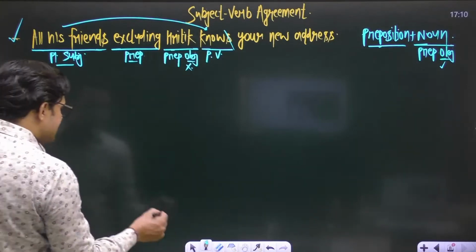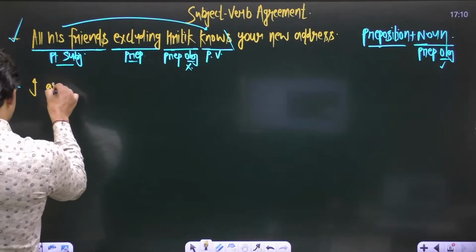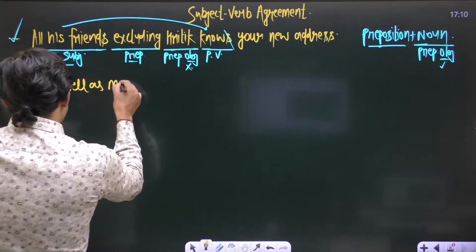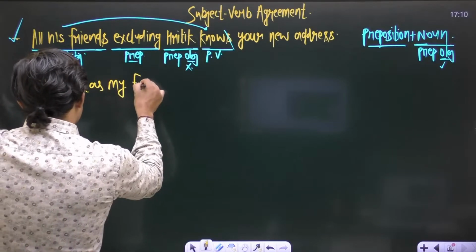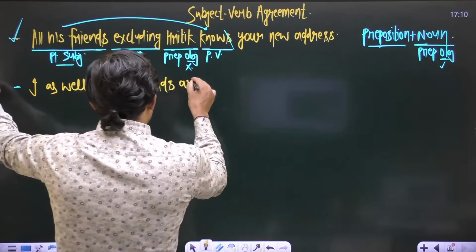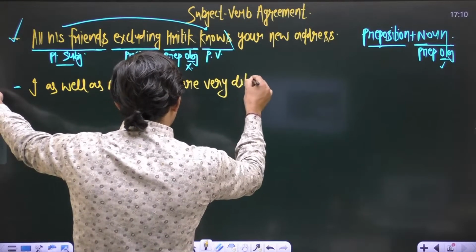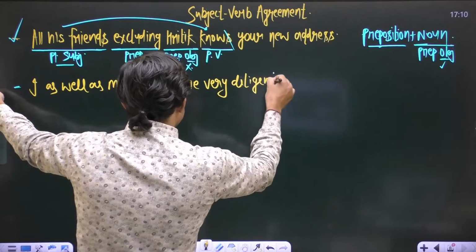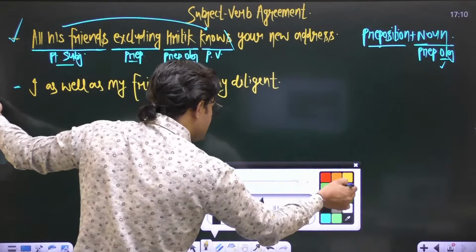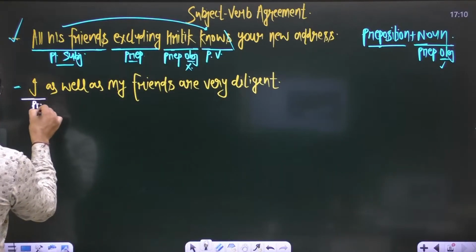Okay, if I say another sentence, just suppose: I as well as my friends are very diligent. In this second sentence, as we know, this one is a pronoun, this one is a pronoun, right?